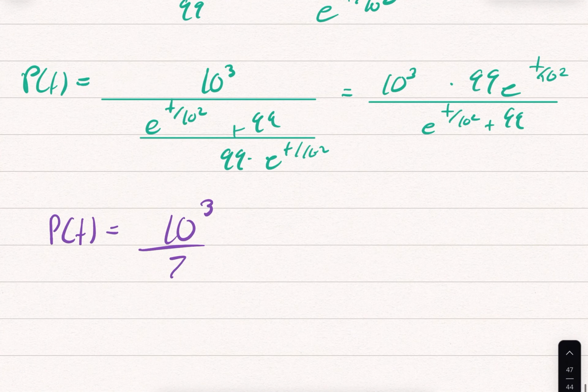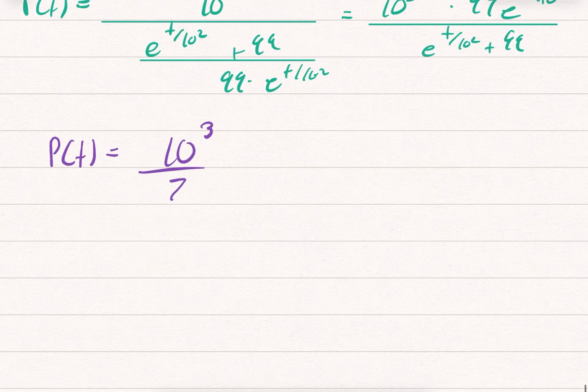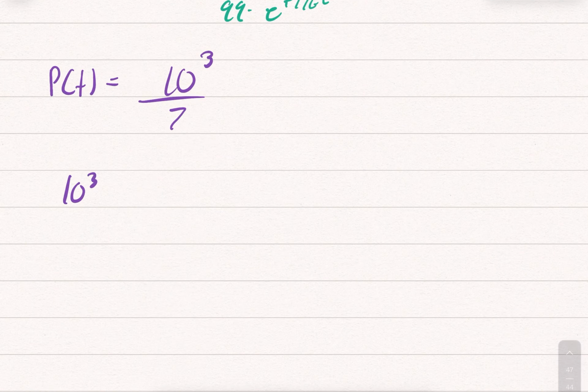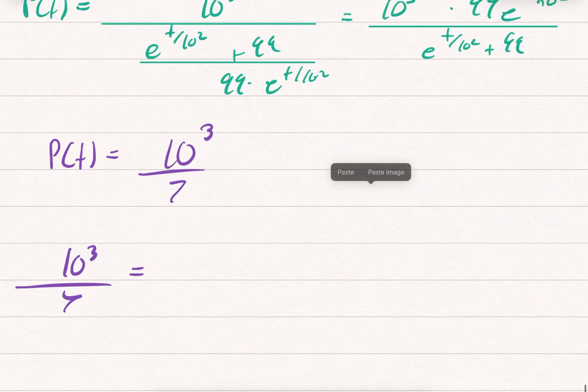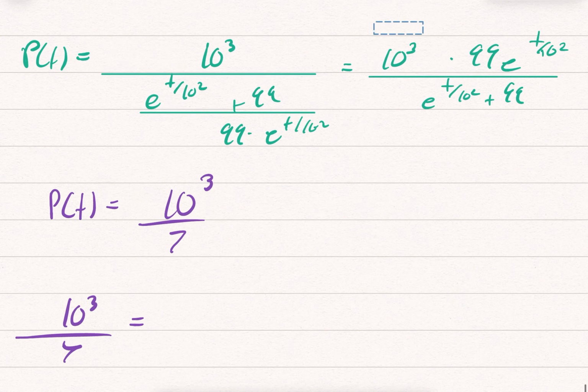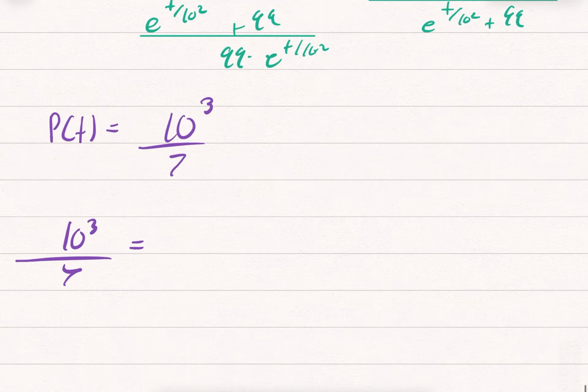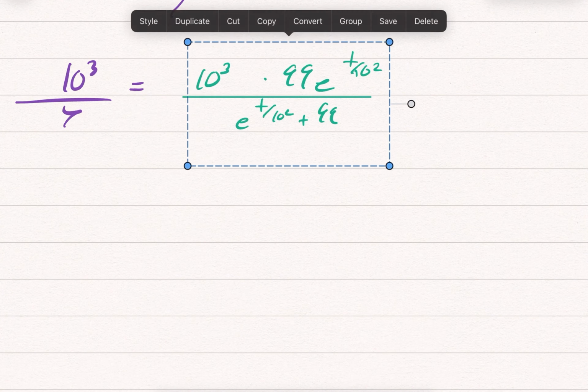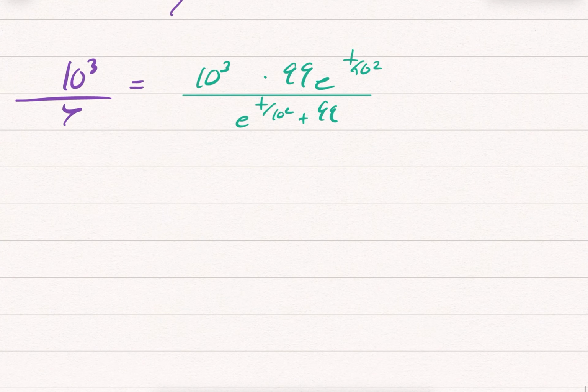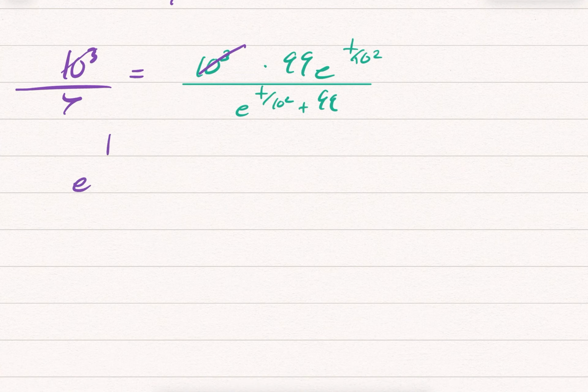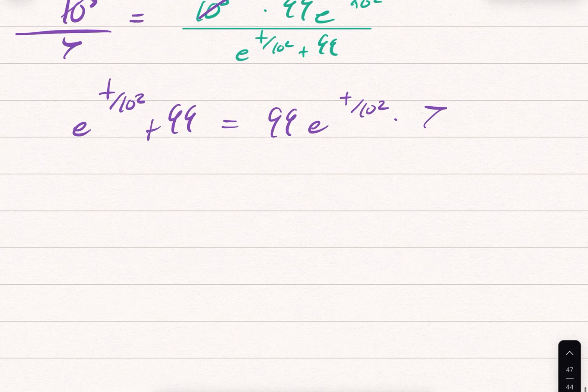So what I'm going to do here is, okay, I got 10 cubed over 7 equals this. First things first, cancel that, cancel this. Then I'm going to have e^(t/10^2) over 10^2 plus 99 equals 99 e^(t/10^2) over 10^2 times 7.